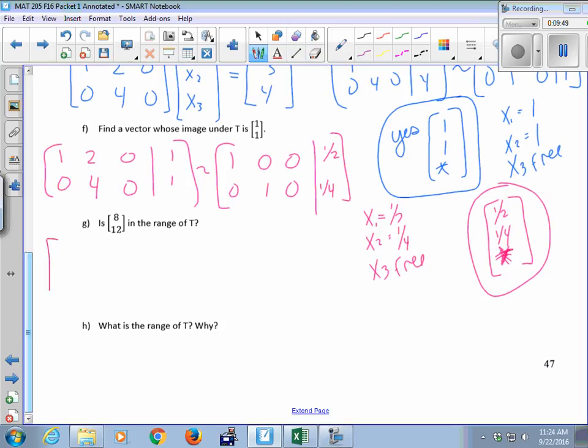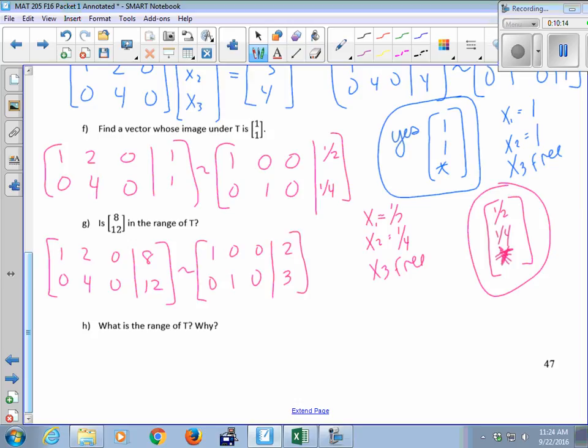So I'm just going to do 1, 0, 2, 4, 0, 0, 8, 12. It's just an alternate way of asking. Can you produce 8, 12 as an image? Can you produce 8, 12 as an output? Is the same thing as saying, is 8, 12 in the range? So this is 1, 0, 0, 1, 0, 0, 2, 3. So the answer is yes.